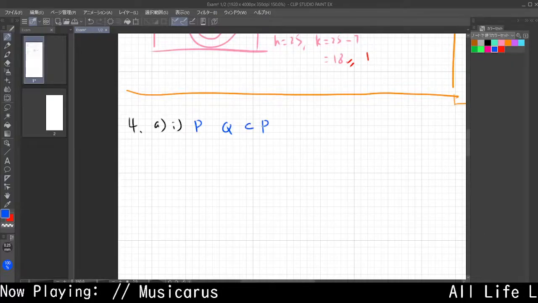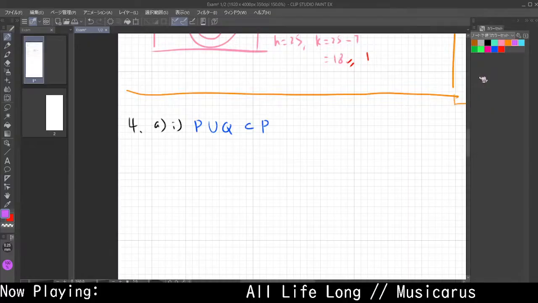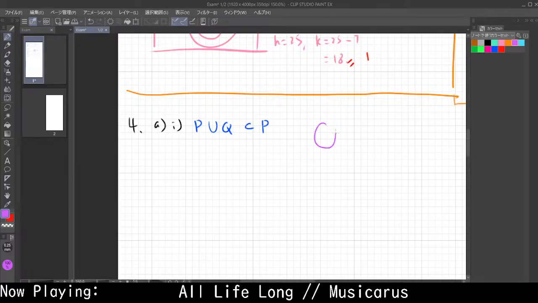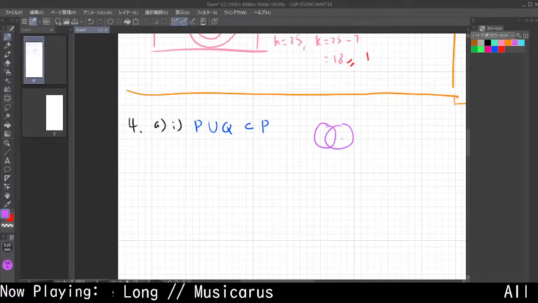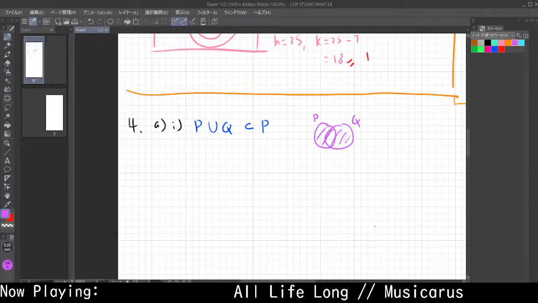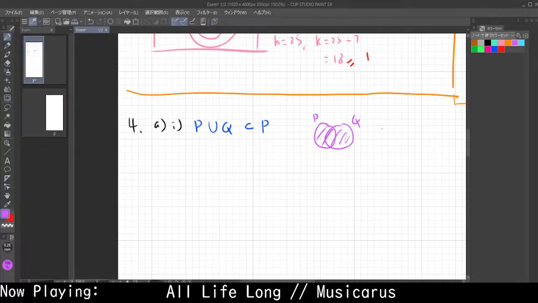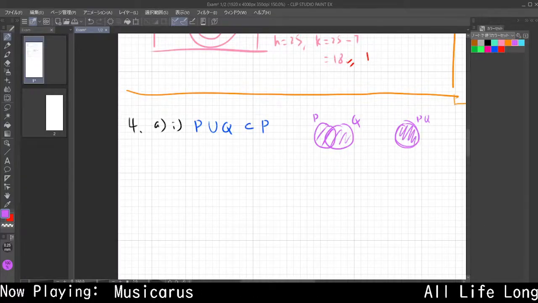If you take the union, this is essentially saying your union of P and Q, which is the bigger thing, is within P itself. This doesn't make sense. The only way this should be true is when P and Q overlap each other, so you have both P and Q in the exact same circle.